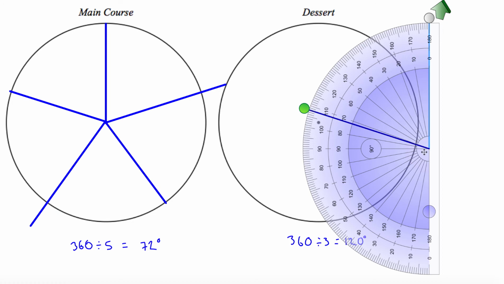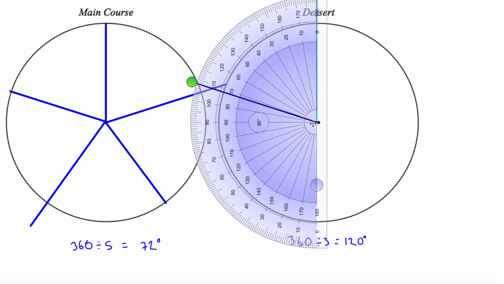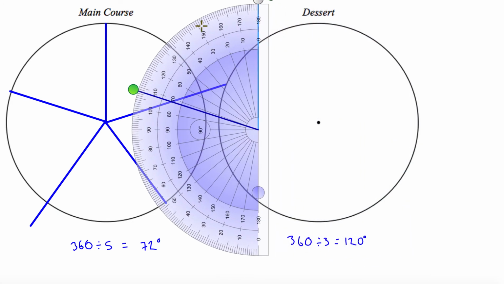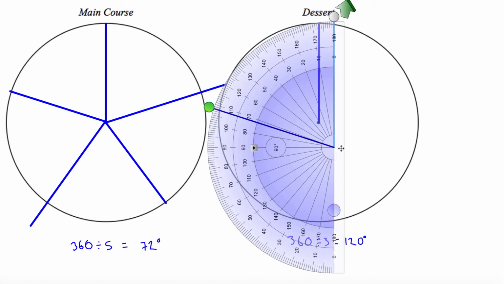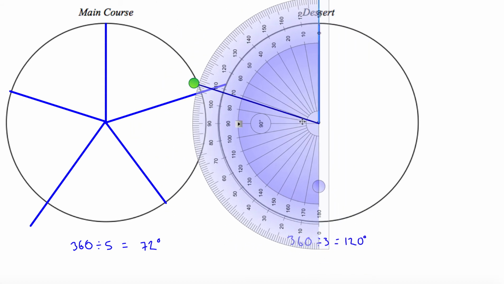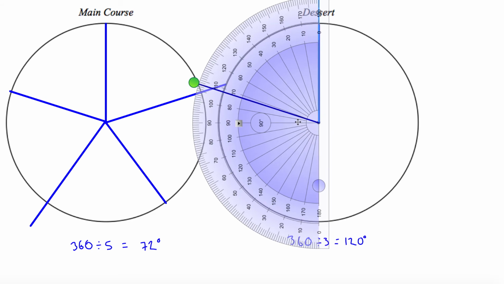And then for the dessert, we're going to divide it into 3. So we can start by drawing a line straight up. And then we're going to look at, from here, going 120 degrees, which would be down to there, 120 on the inside scale. Draw our line from there.